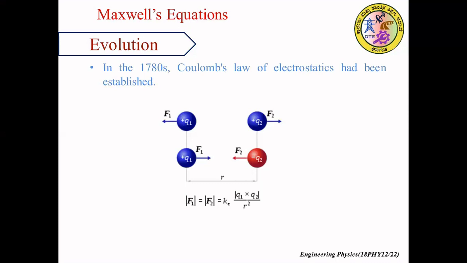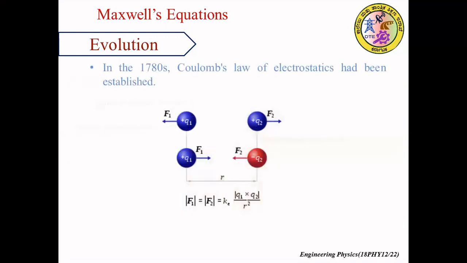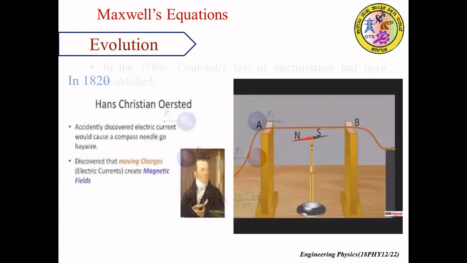We can see that Q1 and Q2 are repelling each other and Q1 and minus Q2 are attracting each other. But the magnitude of force of interaction is the same. It is proportional to the product of the charges and inversely proportional to the square of the distance between the two. So this was established in the 1780s.